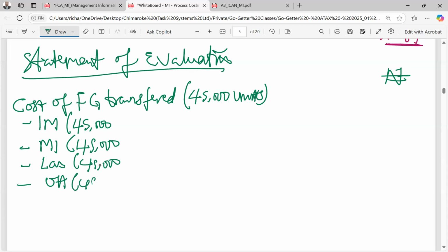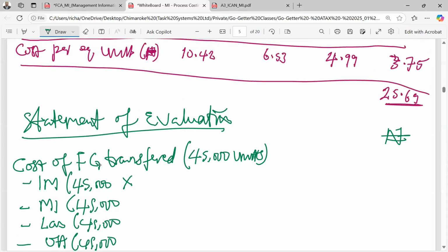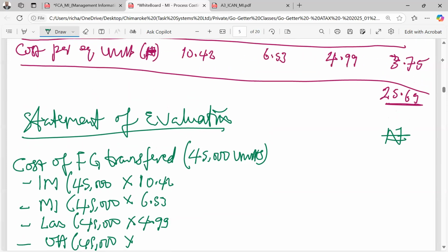Now, if you multiply by 10.42, this is 6.53, 4.99, and the last one, 3.75.